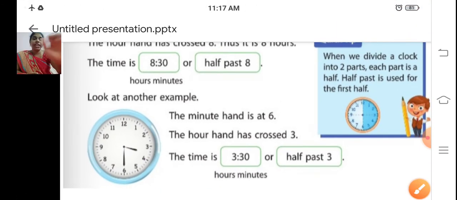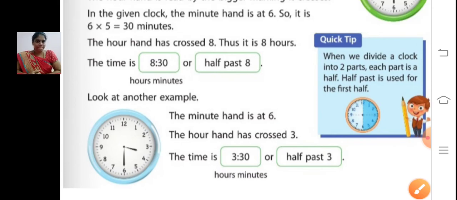Yes. So in 1 hour, how many minutes is there? 60 minutes. So the minutes first start from 1. So 5, 10, 15, 20, 25, 30, 35, 40, 45, 50, 55, 60. So 1 hour. If the shorter hand is at 1, just imagine, when will it reach number 2?